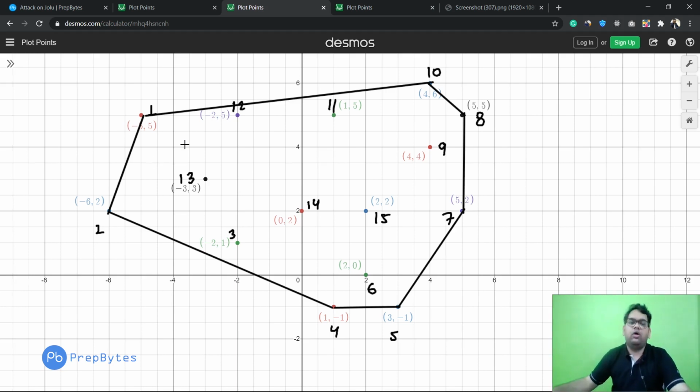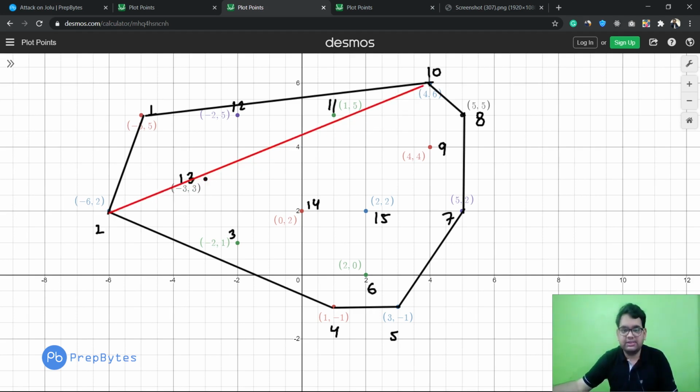Now there are already existing paths. So what were the existing paths? We will just look at the encamped ones. There was an existing path between 2 and 10, between 1 and 5, and between 5 and 7.